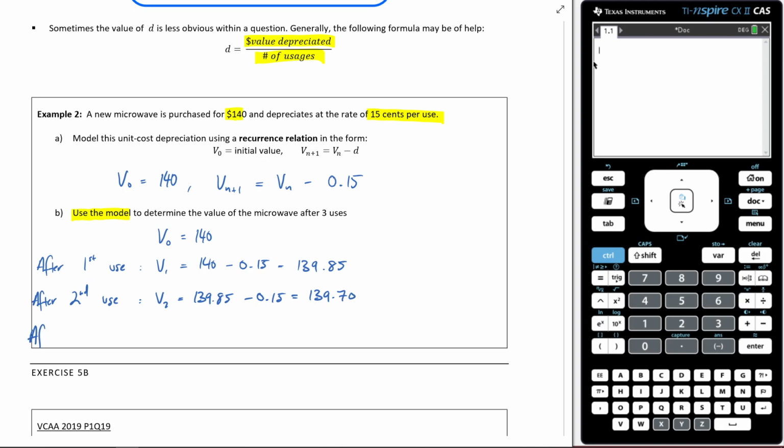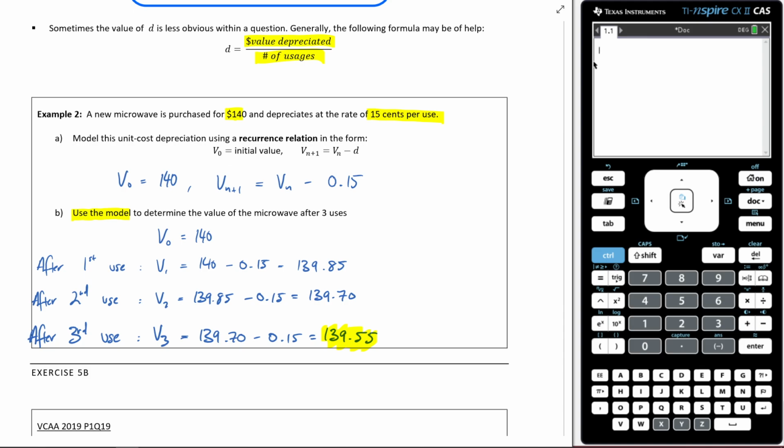Then after the third use, V of 3, I take 139.70, subtract 15 cents from that, and what I end up with is 139.55. So after 3 uses, it's going to be worth this much money.